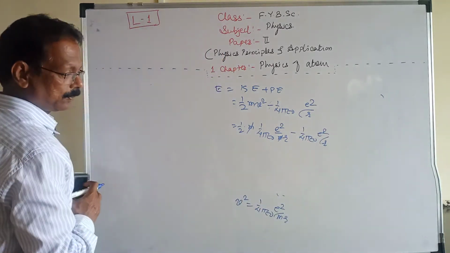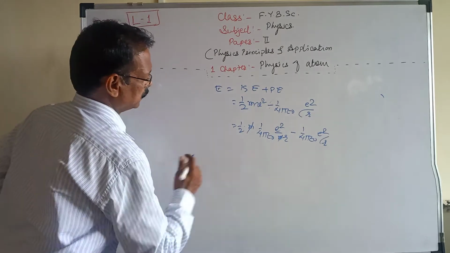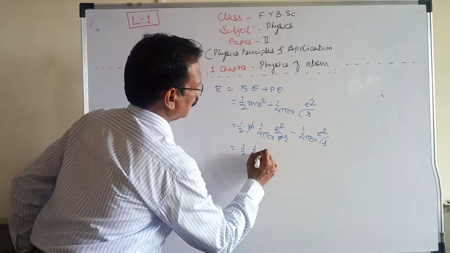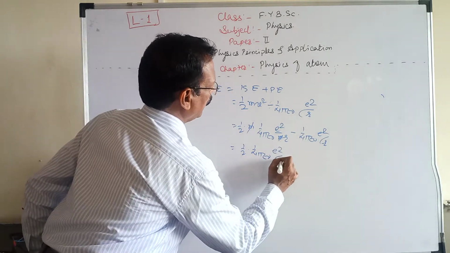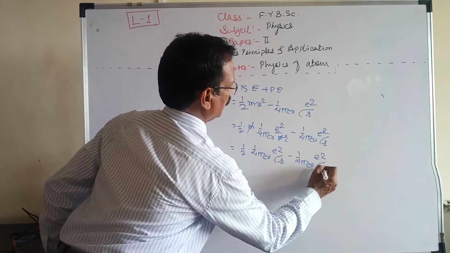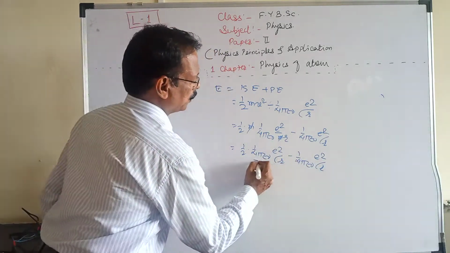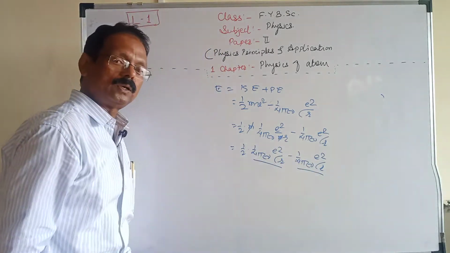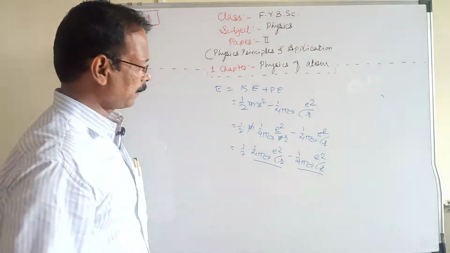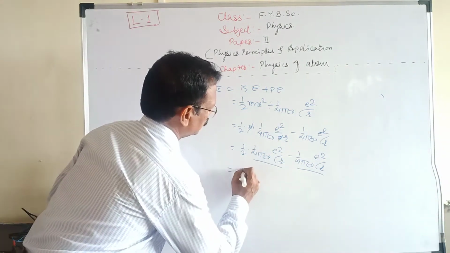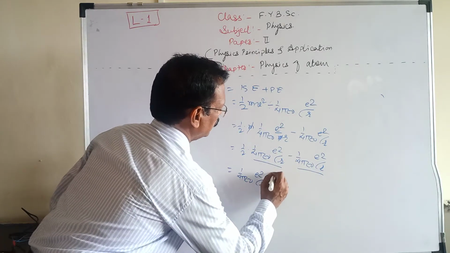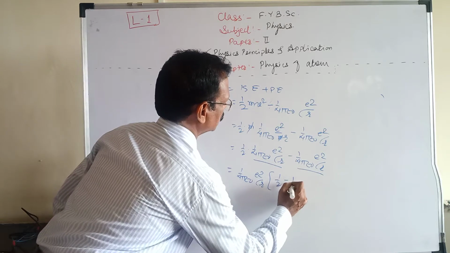So in the next step, total energy is equal to 1/2 times 1/4πε0 e²/r minus 1/4πε0 e²/r. The term 1/4πε0 e²/r is common in both terms, so we take it outside the bracket. We get 1/4πε0 e²/r times (1/2 minus 1).